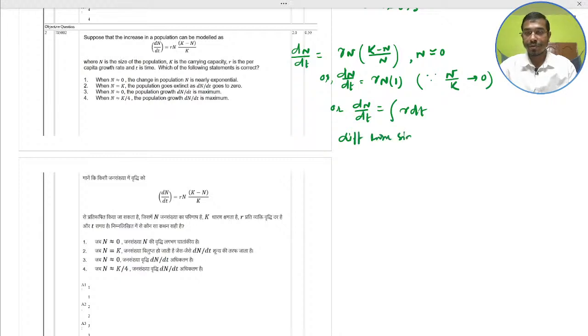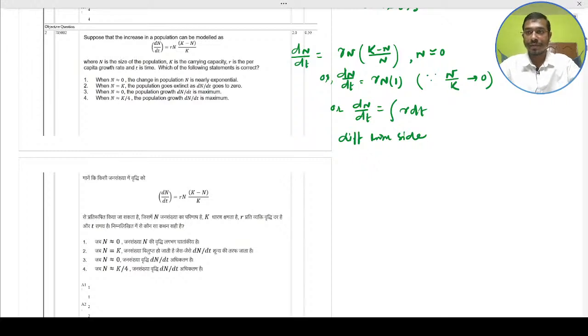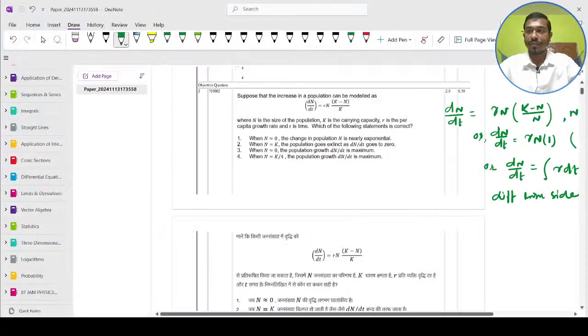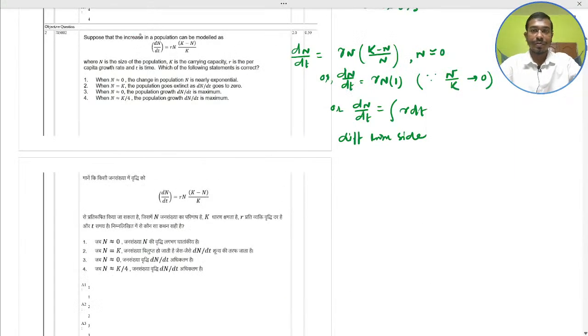So not differentiate, integrate both sides, because you have to integrate. dN/N means if you integrate 1 by x dx, that is ln N, or it would be ln N equal to gamma t.